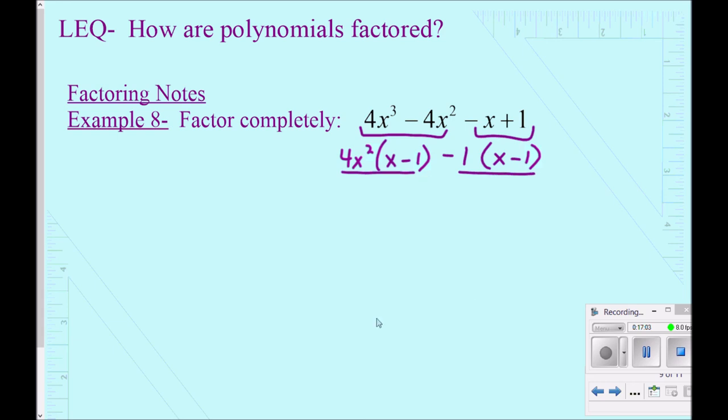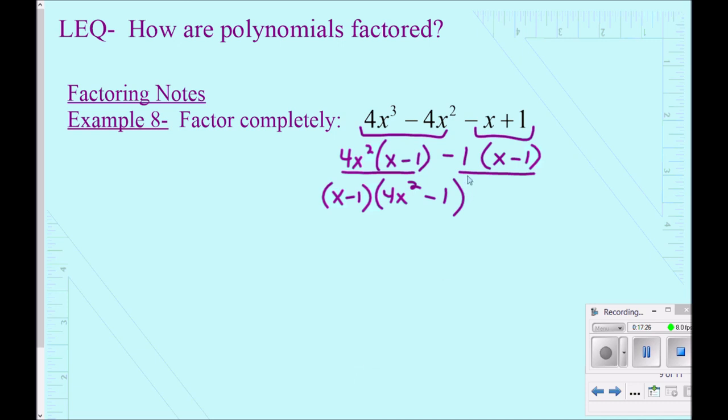I'm underlining. I see x minus 1. And then I'm left with 4x squared minus 1. Now, if you had just written minus here and not minus 1, you may forget that that's a negative 1, and you may just write 4x squared in parentheses and forget about the minus 1 on the end.